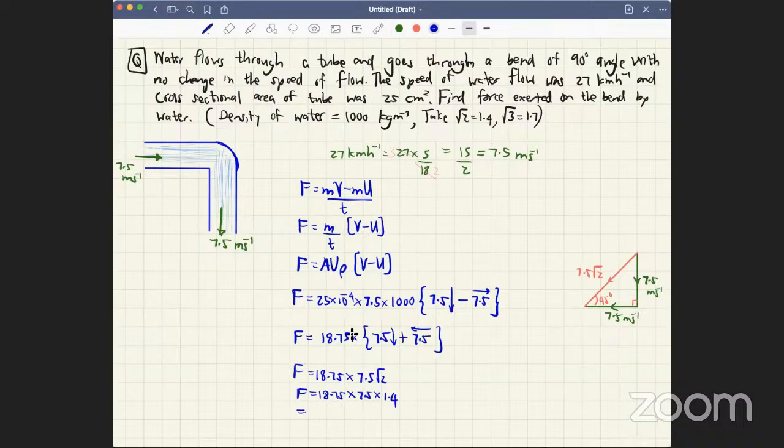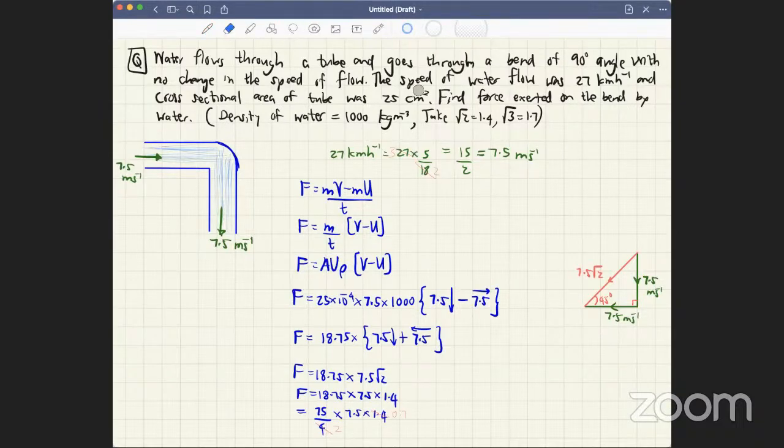Let me change it now. 18.75 I can convert it to something like this, it will be easier then. It is in fact 75 by 4. Do you agree with me? 75 by 4 into 7.5 into 1.4. It will be more or less the same, no big difference I think. So 4, it will be 2 here, and it will be 0.7. More or less the same, people, unfortunately.